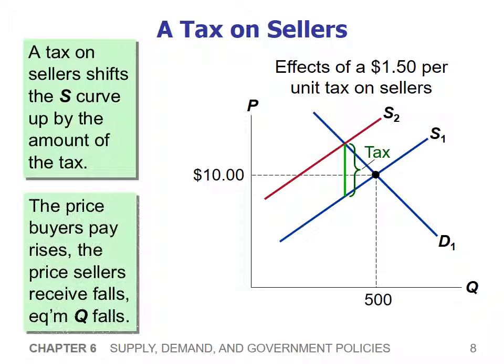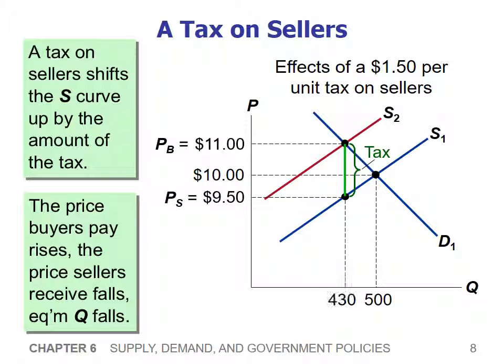Now let's see the result of this tax in the market. And as you can see, the impact is exactly the same as if the tax was on buyers. Before tax, buyers were paying 10. After tax, they pay 11. Before tax, sellers were getting 10. After tax, sellers get $9.50.